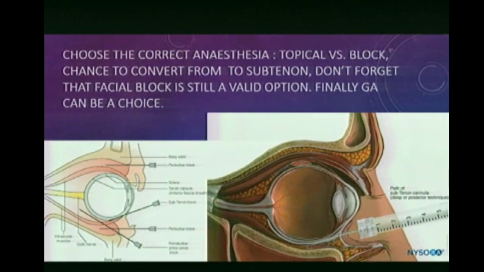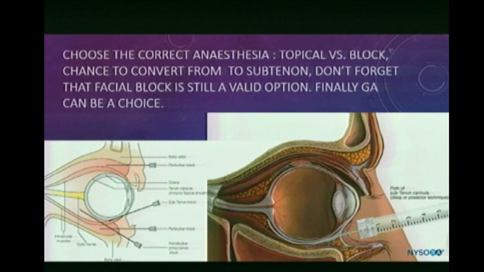Another issue here, as you see in the second photo, is that subtenon anesthesia is a very nice option. Sometimes you need to use it if you started topical. If you start topical and during the surgery the globe is already opened, you don't want to stop and transfer to GA.